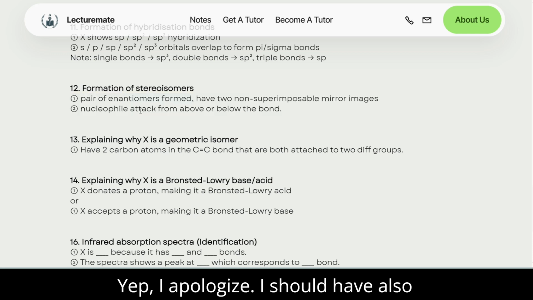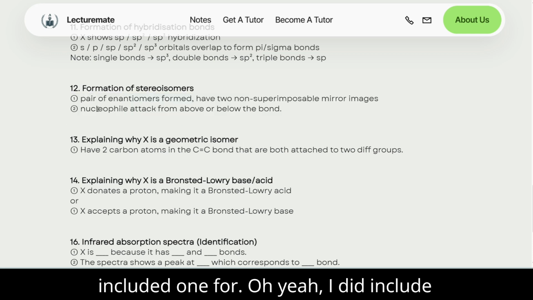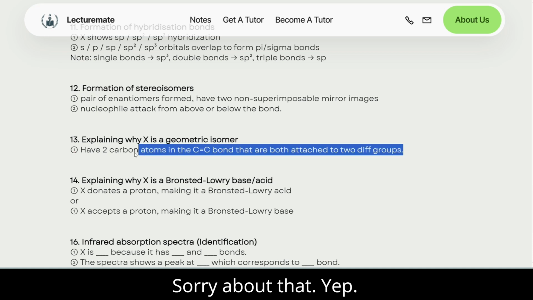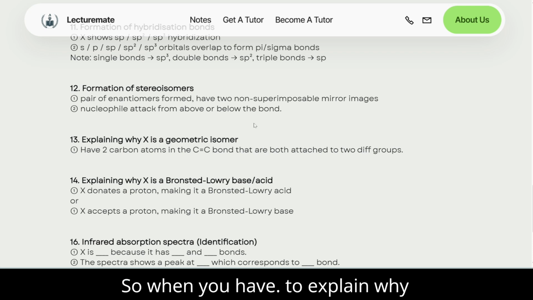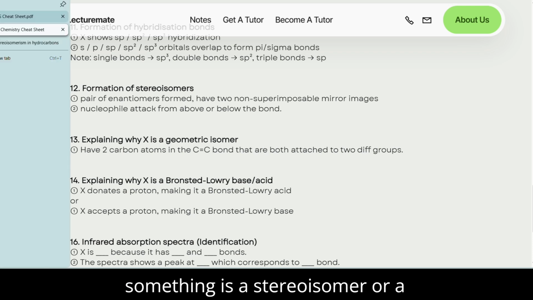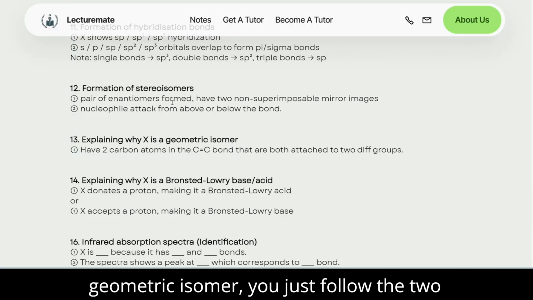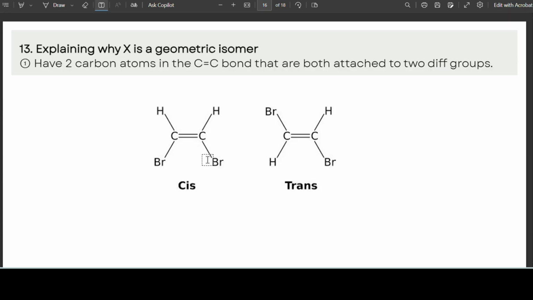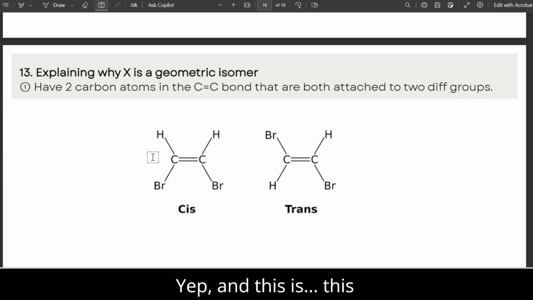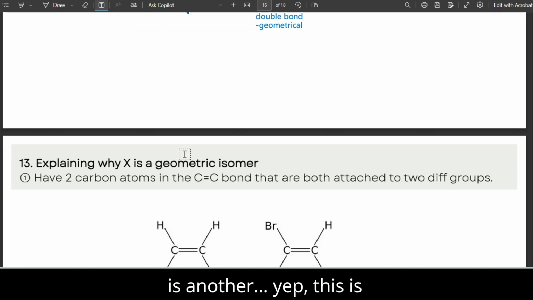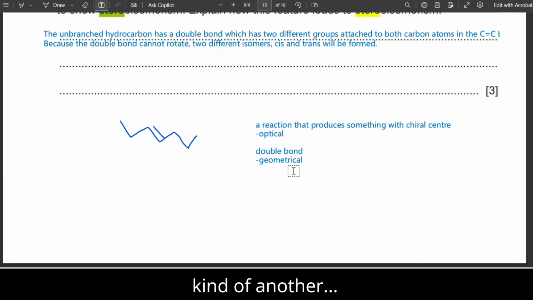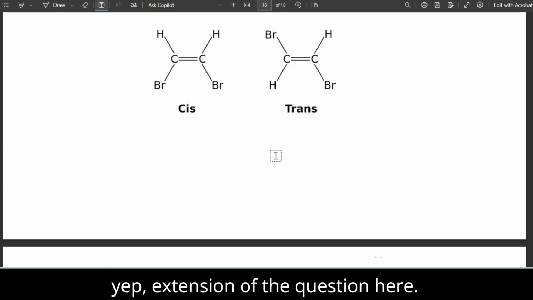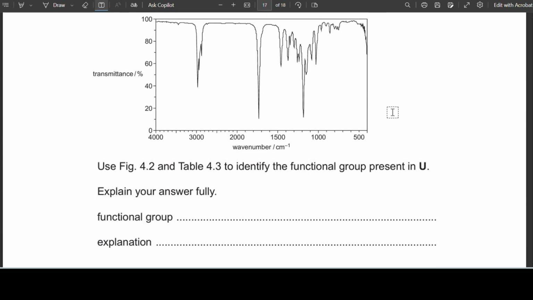I apologize, I should have also included one for optical. Oh yeah, I did include one for optical isomers down below. Sorry about that. So when you have to explain why something is a stereoisomer or a geometric isomer, you just follow the two explanations I gave right here. And this is another extension of the question here.